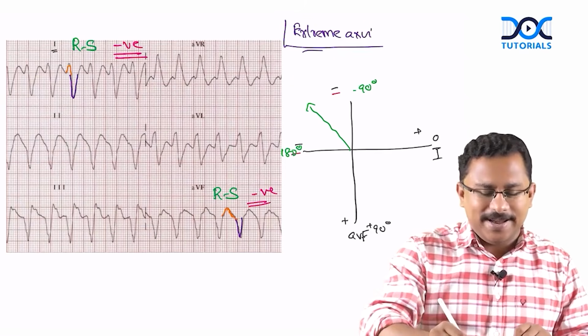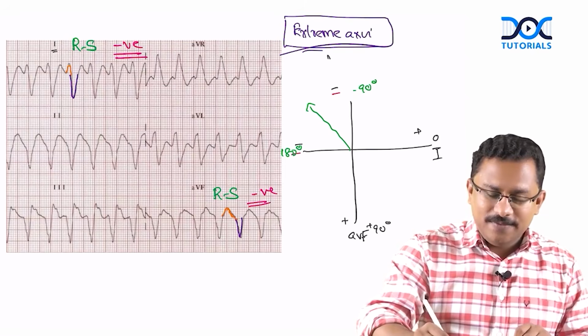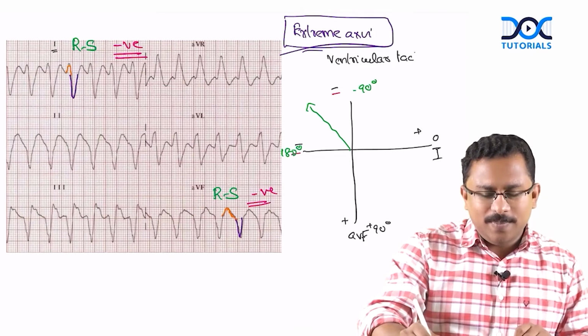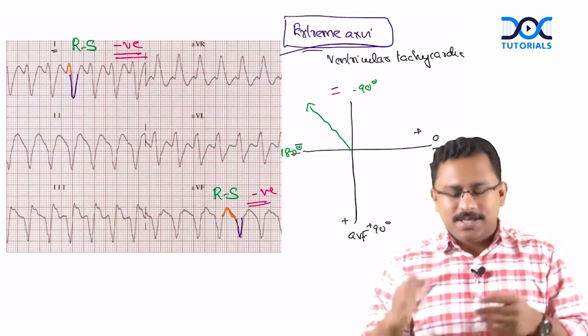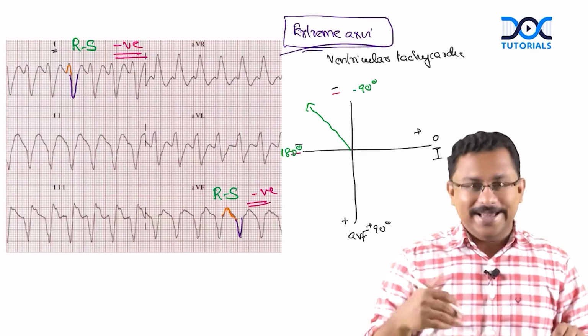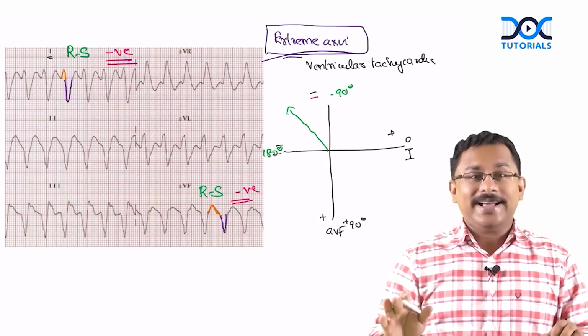This extreme axis deviation is mostly seen with ventricular tachycardia. So for normal axis, R minus S is positive in both lead 1 and AVF. For extreme axis, both are negative. That is clear, so that is about extreme axis.